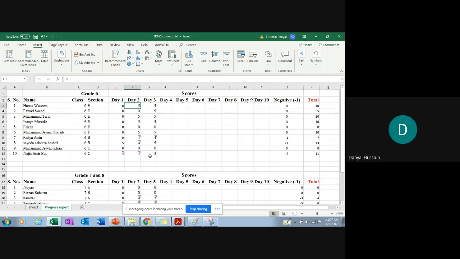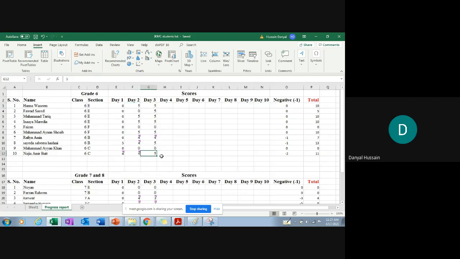But Najia participated 3 days, so she should have 15 marks. But no, she got 4 points on day one, and one was wrong, so she got one negative mark. Four were correct on day two, but one was wrong, so she got another negative mark. So total two negative marks.